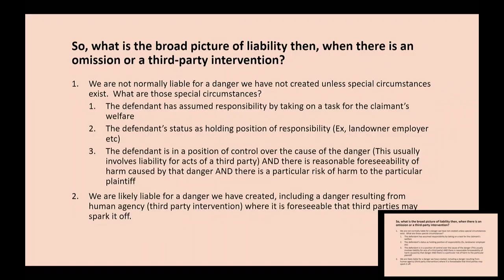Okay, so that's the rule around dangers we have not created. We are, however, likely liable for a danger we have created, including a danger resulting from human agency, or what's sometimes called third-party intervention, where it is foreseeable that third parties may spark off that danger.